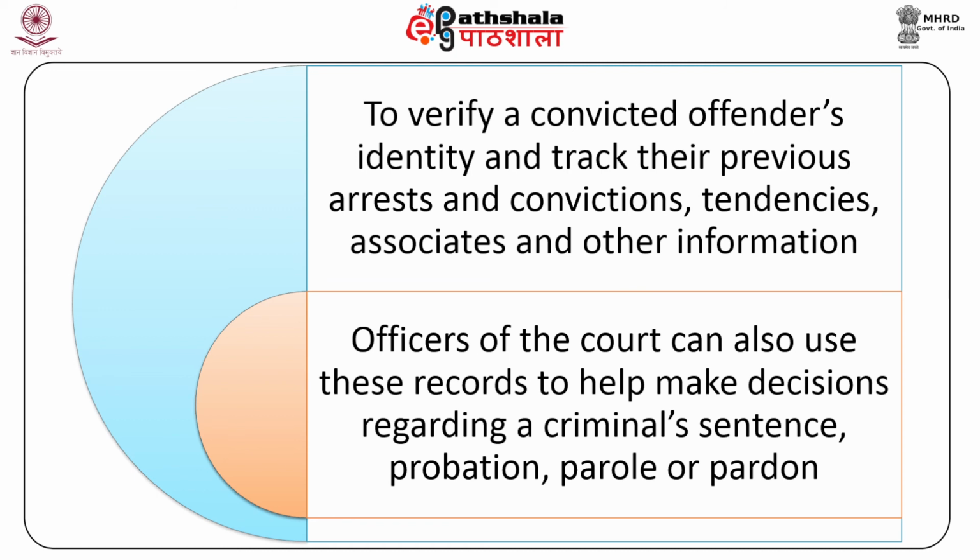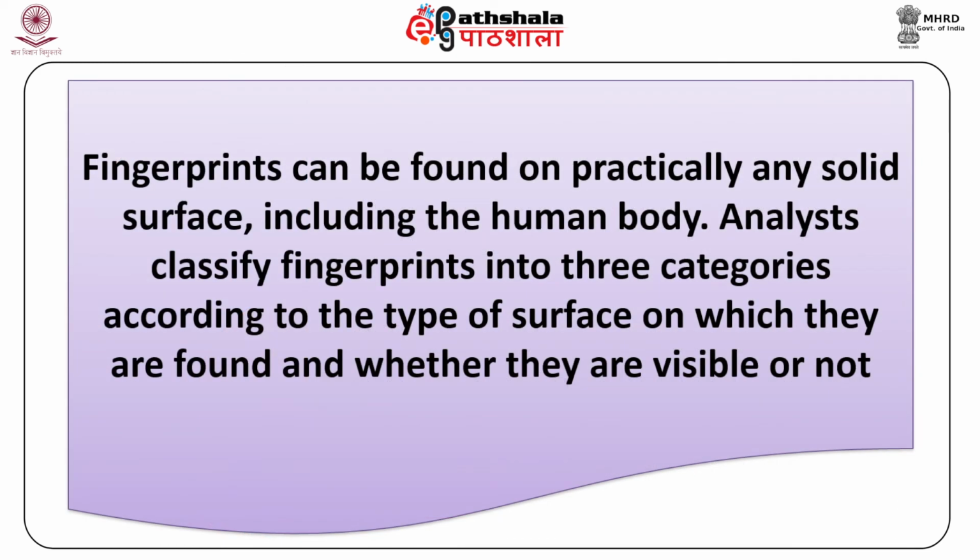Officers of the court can also use these records to help make decisions regarding a criminal's sentence, probation, parole, or pardon. Fingerprints are found on practically any solid surface, including the human body.